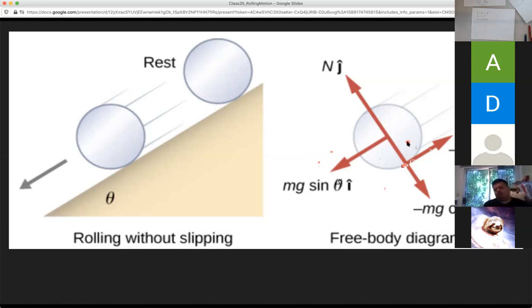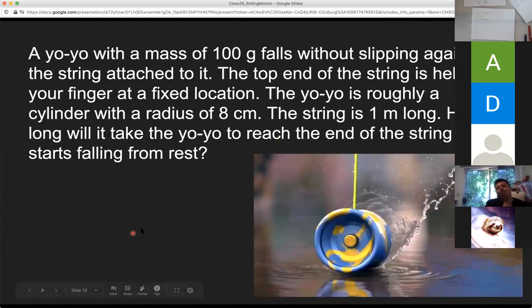Okay, should we do an example? Yes. Great. Let's talk about yo-yos. So, a yo-yo works because it rolls down the string. Okay? So here's what I want to figure out. I've got a yo-yo.